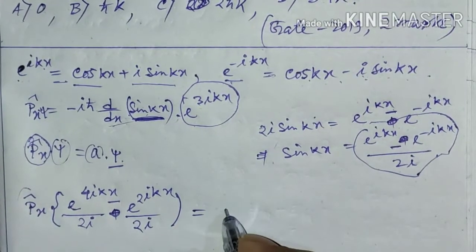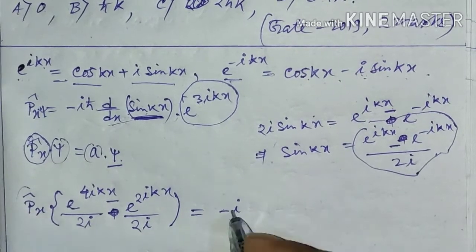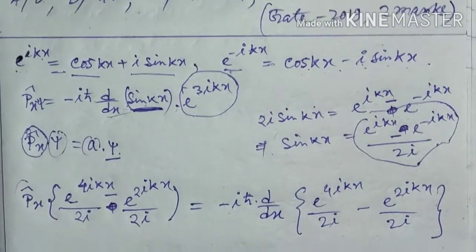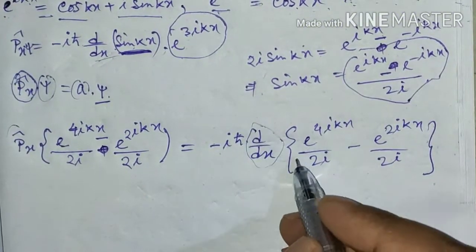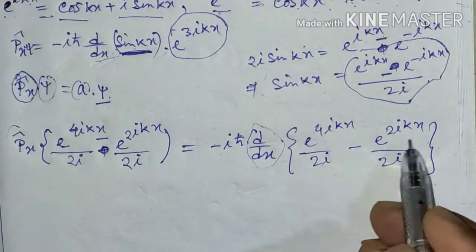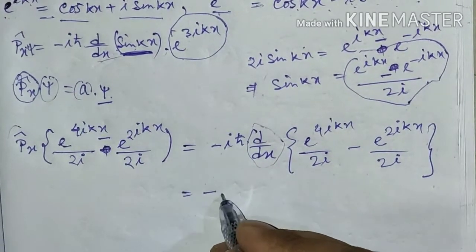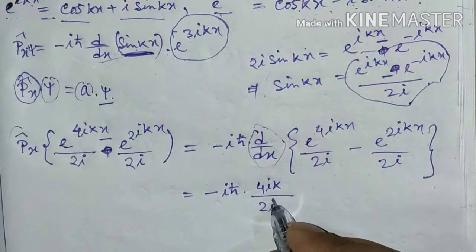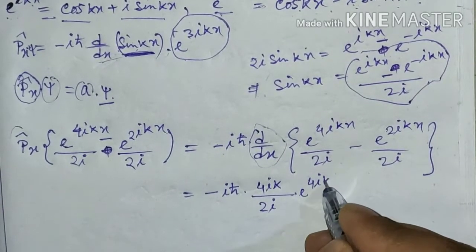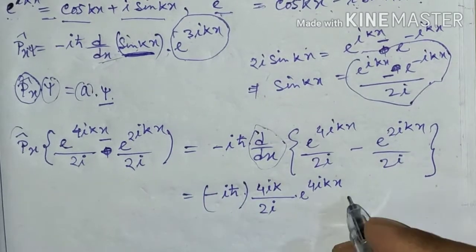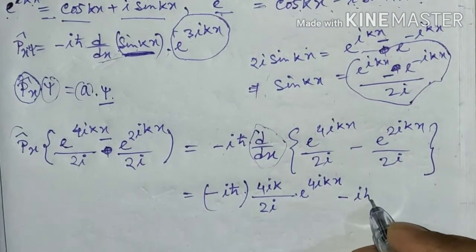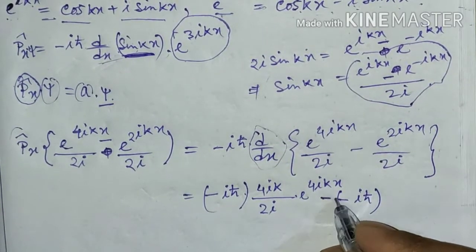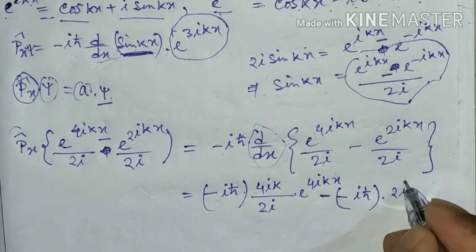And if we write the equation for px, that is minus i h cross d/dx, we have to just operate this d/dx, that is we have to just differentiate these two terms with d/dx, and we will get 4ik divided by 2i into e to the power 4ikx minus i h cross, and here is minus this 2i.